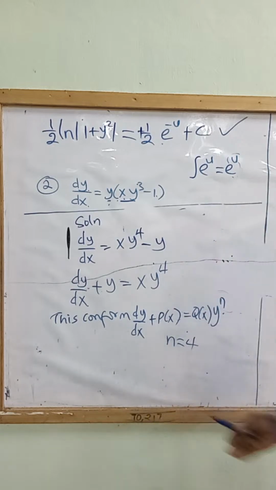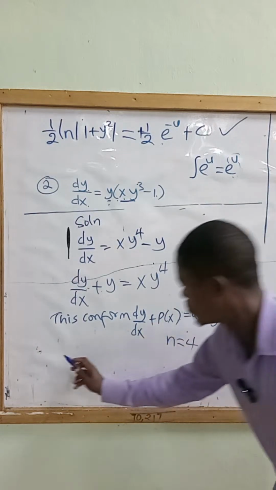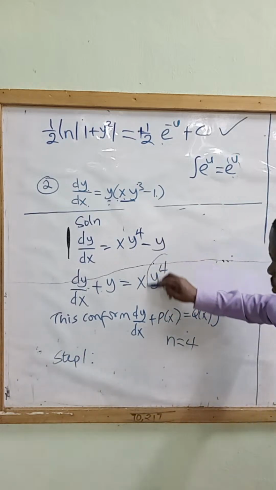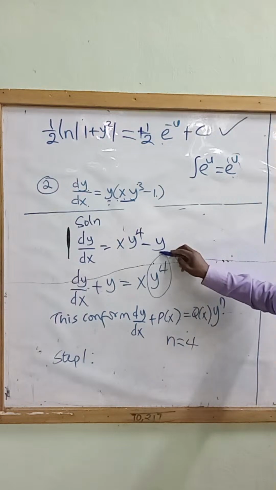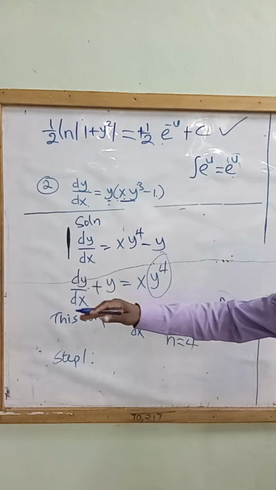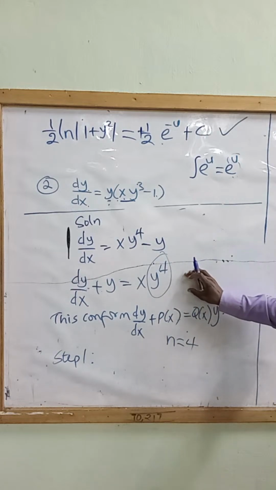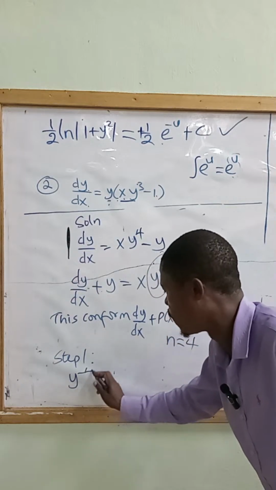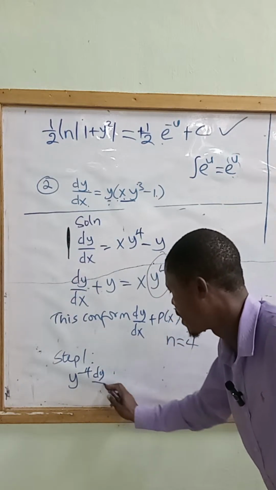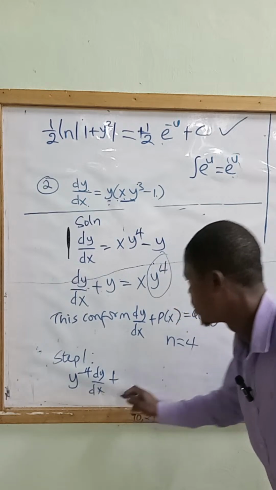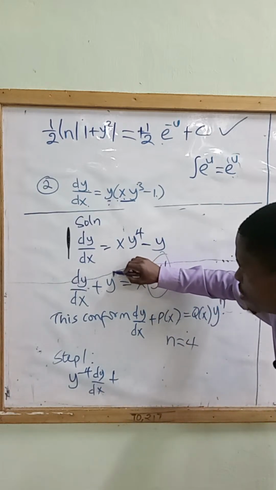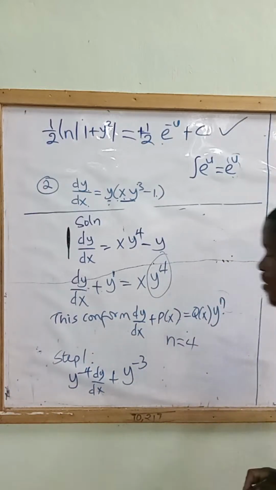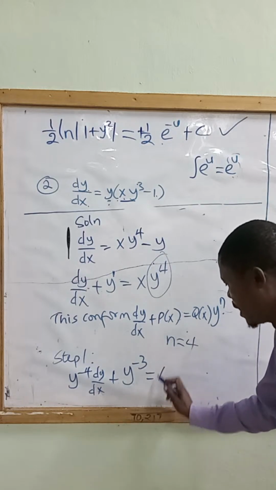So step one, remove this y to the power 4 from this place. So divide the equation by y to the power 4. That now becomes y to the power minus 4 dy/dx, plus this one here is having 1, so 1 minus 4, that's y to the power minus 3, equal to x.